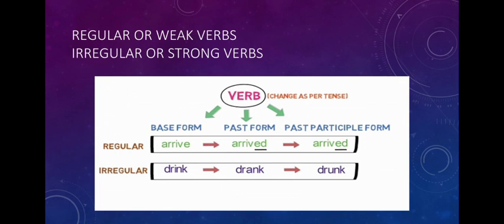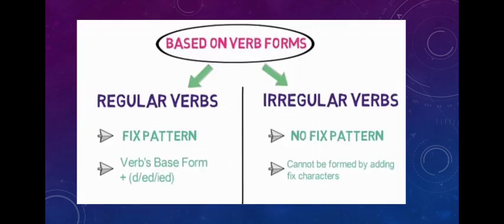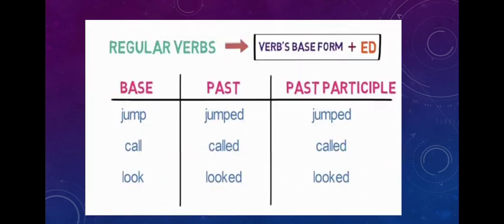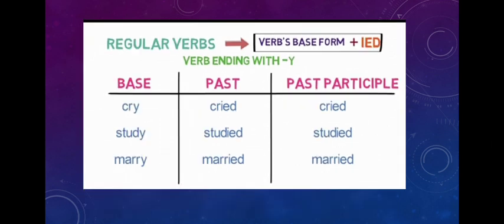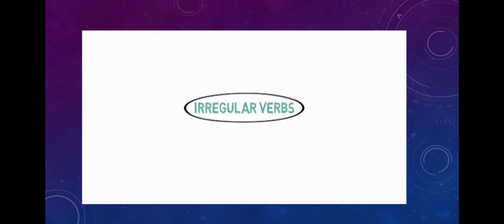So, even today, we would be looking into the irregular verbs in detail. How do we get irregular verbs? In our previous class we have learned how to form the regular verbs, right, by adding d, ed and ied. Now we would see how do we get the irregular verbs.